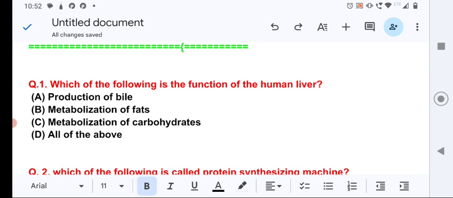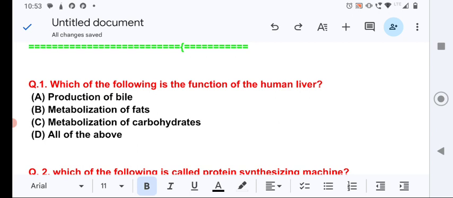The liver produces bile, and bile helps in the emulsification of fat, as I have previously described. Bile salts, and bile is not a digestive juice.